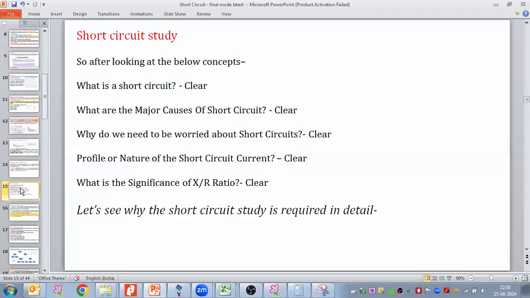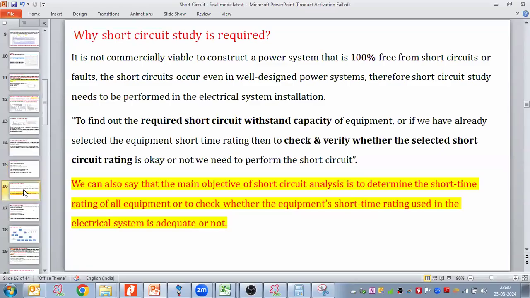Yes. So after discussing the basic concept, let us see in detail why the short circuit study is required. We have discussed the basic definition of short circuit current and some technical stuff around its behavior and nature. So now, why is short circuit analysis important?